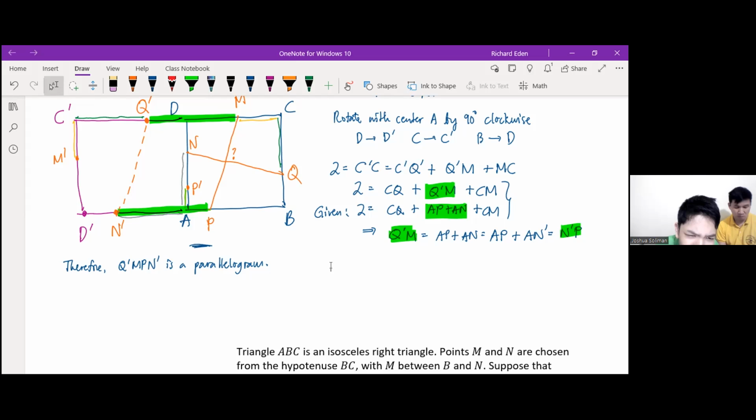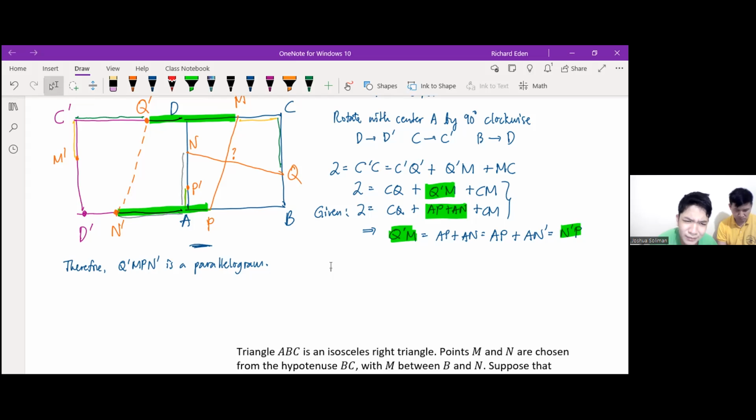So maybe we could prove that M prime P prime is congruent to NQ. Is it going to be congruent to NQ? Yes, kasi I think ang mangyayari, you also have a parallelogram there.